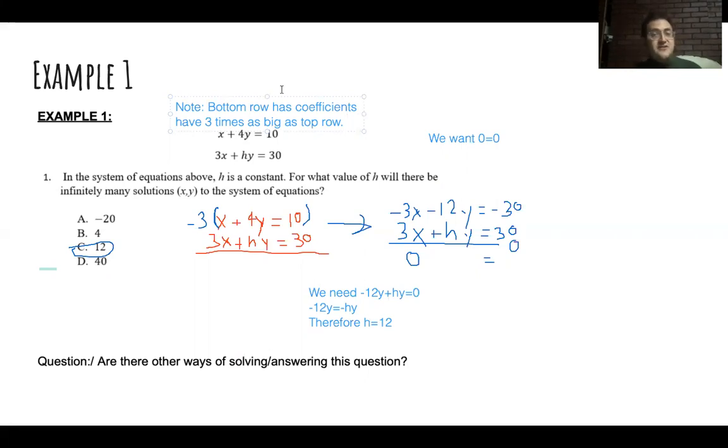Another way that you could even do this problem is just substitute the different h possibilities in and see how it works. So we could reason numerically: how does the top row match with the bottom row?